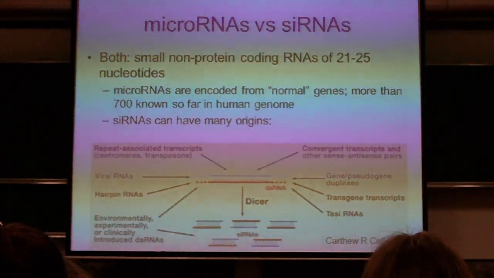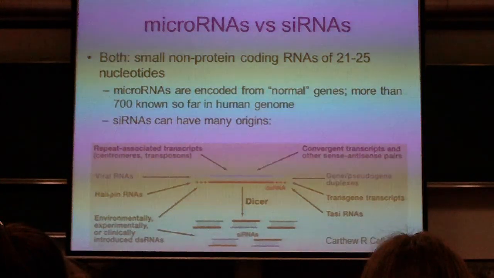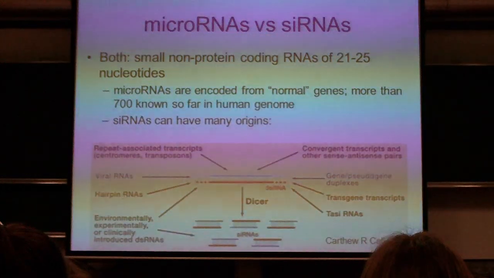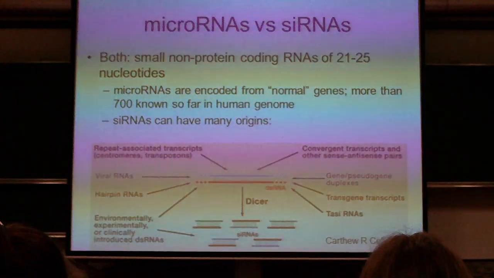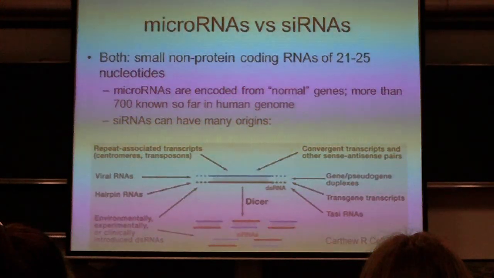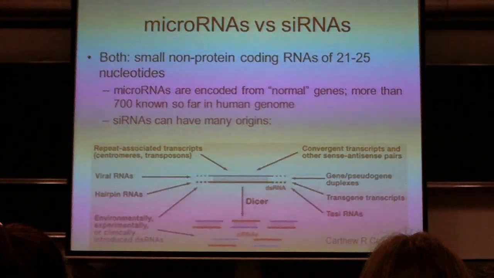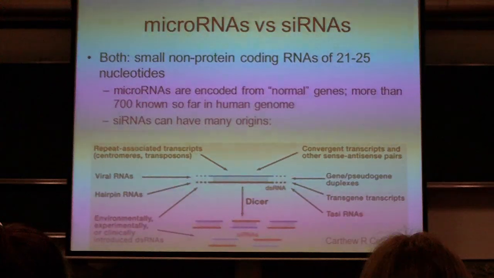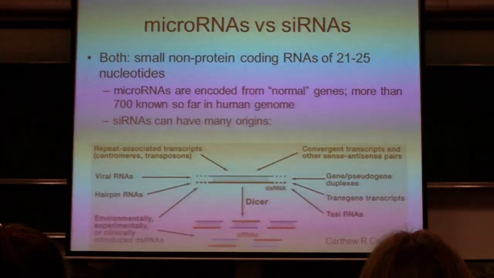Then you have viral RNAs that can be introducing these siRNAs. Hairpin RNAs, I'll come back to that later. These are RNAs that you usually introduce artificially. You can clone them into a plasmid. This plasmid can be expressed by a virus, and then you have an ideal tool to use in the lab to introduce a short hairpin RNA into a cell of interest to study a process or a gene of interest.